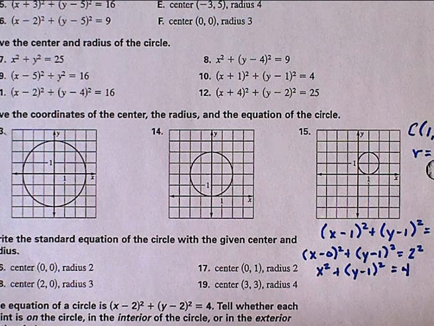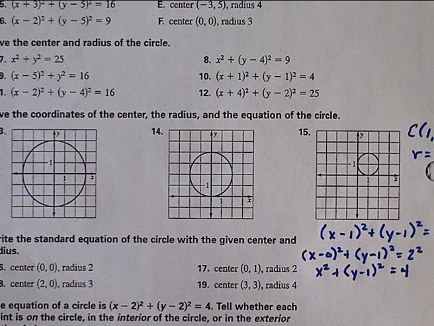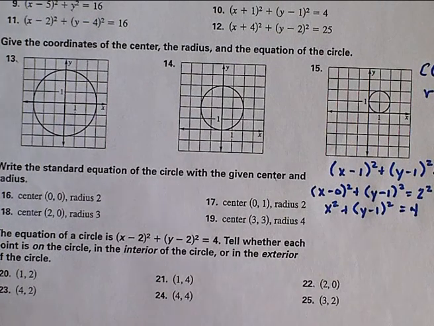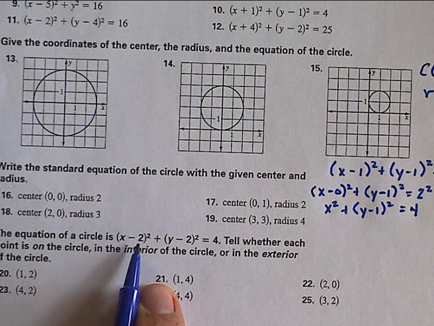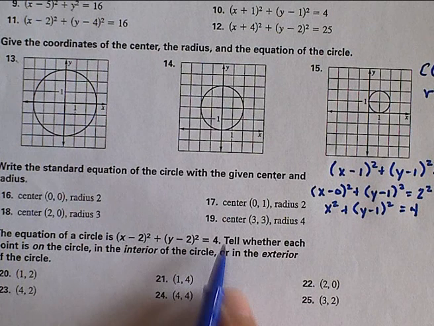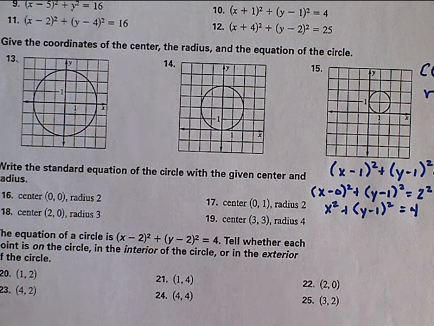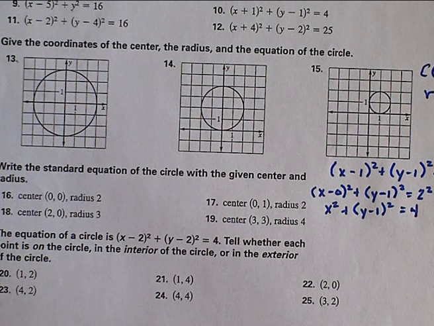And then on the last 6, again, you're going to be testing some points here. Okay, so here's what you're going to do. You're using this formula, (x - 2), (y - 2), and 4. And here's what will happen. If you know that (x - 2) squared plus (y - 2) squared is equal to 4, then you're going to write that that point lies on the circle.